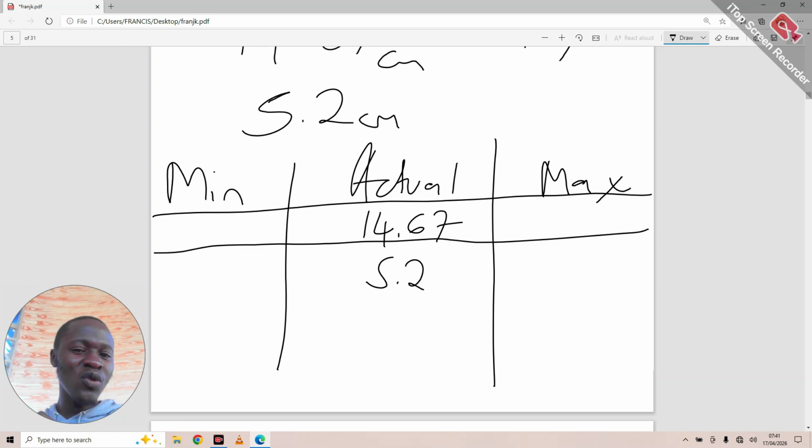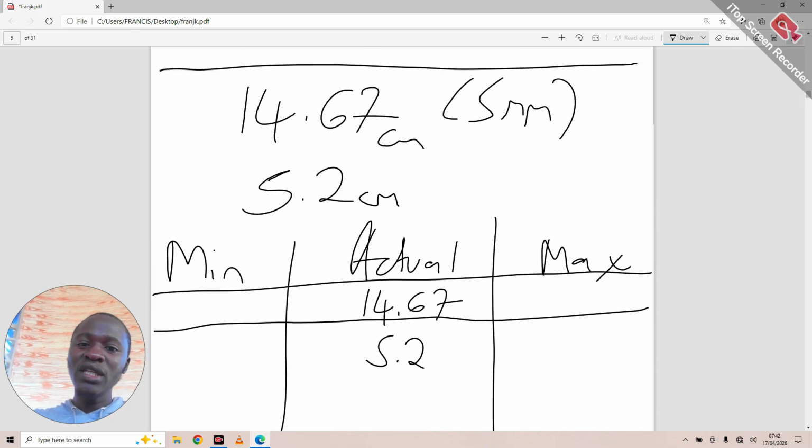Once you see nearest, in any part of the question under approximation and errors, know very well that one is not just a number. That one is an accuracy. And that accuracy, you apply it in all the combined numbers. Right? What is our accuracy? 5 millimeter.